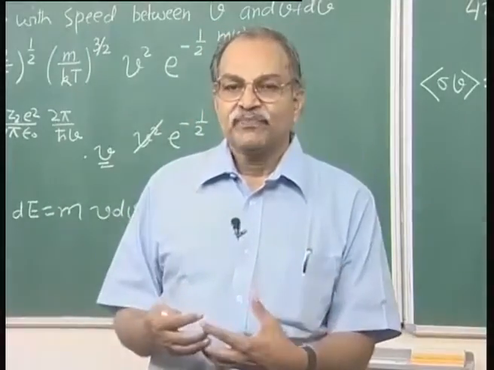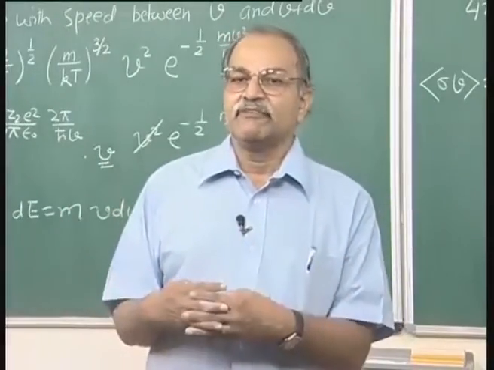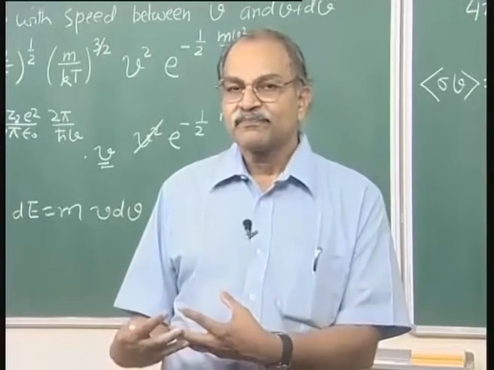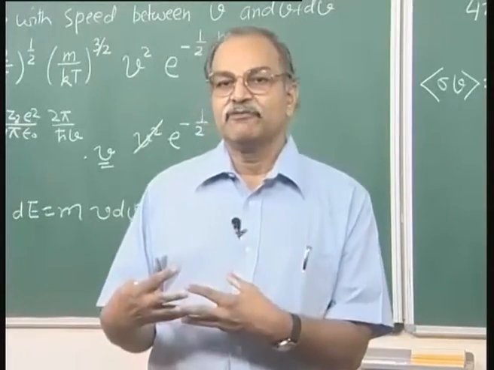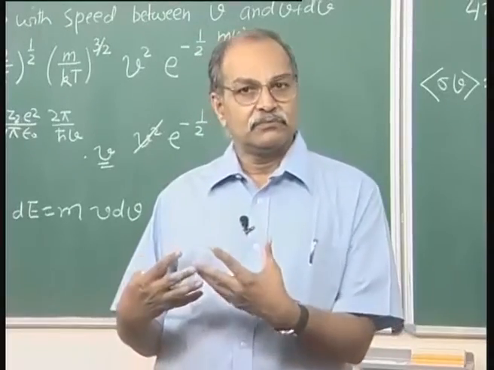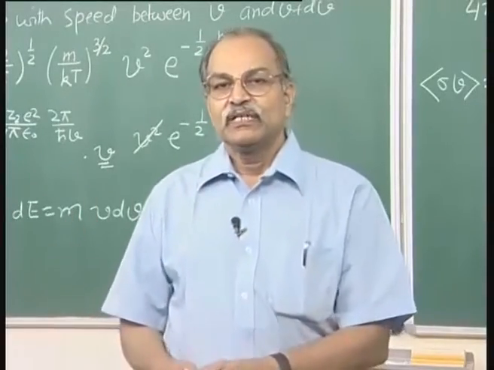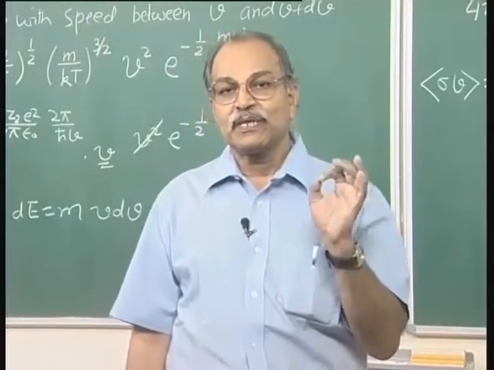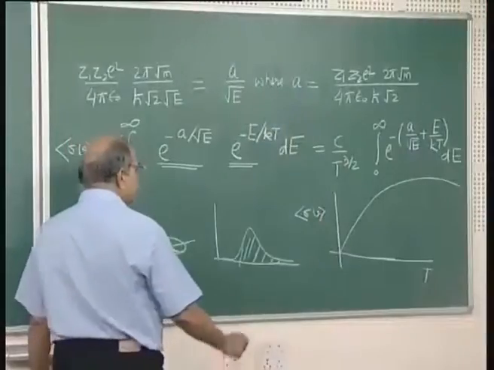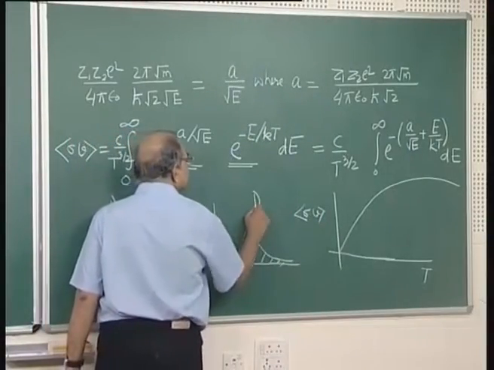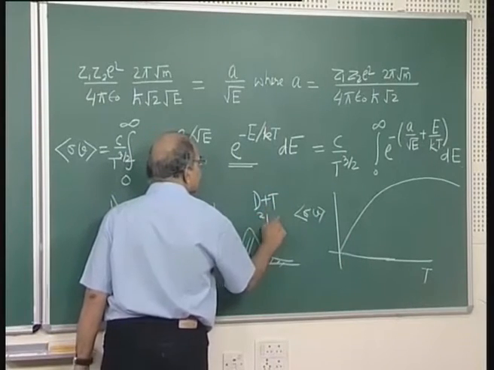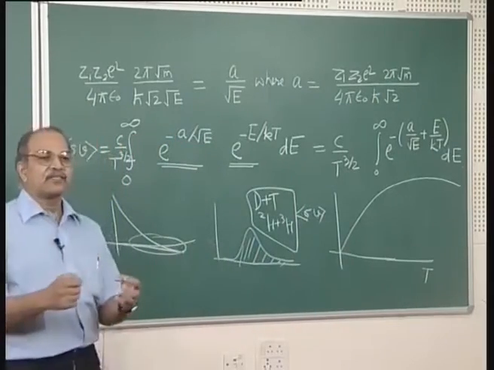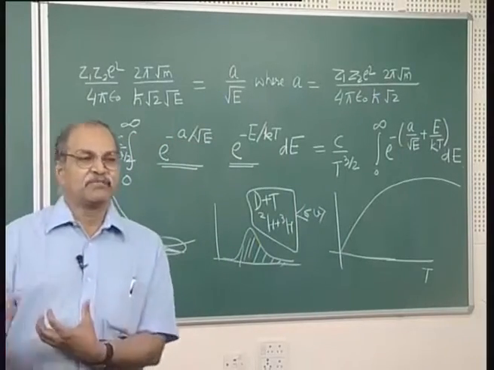It turns out that for low Z nuclei, which we are interested in if we have to design a thermonuclear reactor, for which the Coulomb barrier has to be low, deuteron plus triton, 2H plus 3H, this D plus T has the best possibilities.